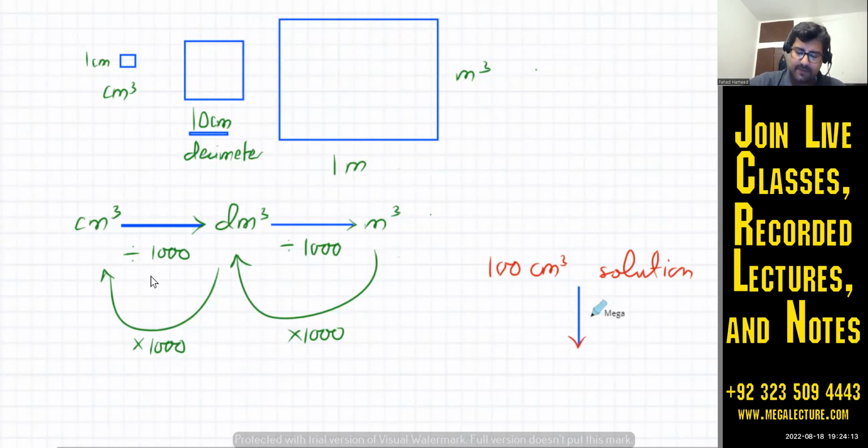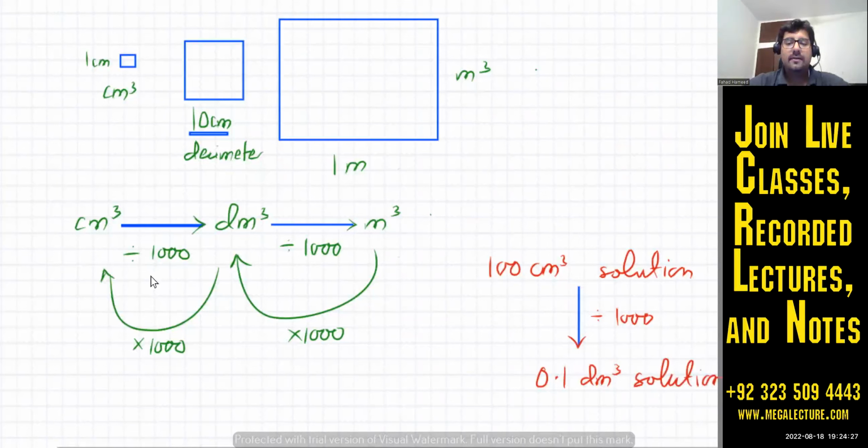I'm going to divide by 1000, and I'm going to get the same volume, and this time it's going to come out to be 0.1 dm cube. So that's the quantity of solution that I have. Okay, so the conversion is clear, that you can convert cm cube into dm cube. 100 cm cube is the same as 0.1 dm cube, right?